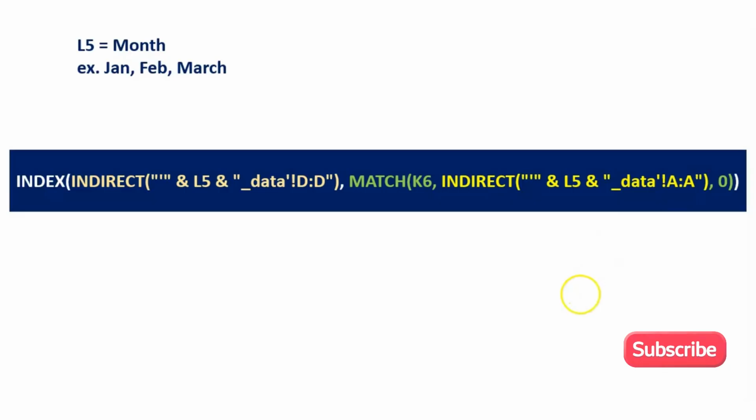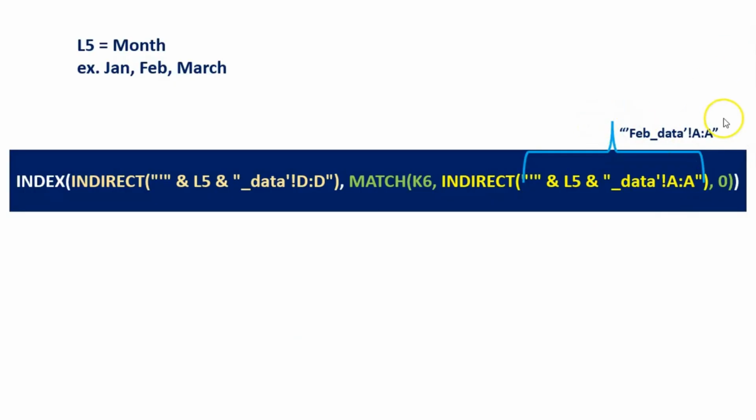To start with, we are starting with the innermost INDIRECT function. The INDIRECT function requires a reference text as a mandatory parameter. For our example, the reference text for the innermost INDIRECT function would be equal to the value which is shown here. The INDIRECT function converts this reference text into a real range reference.